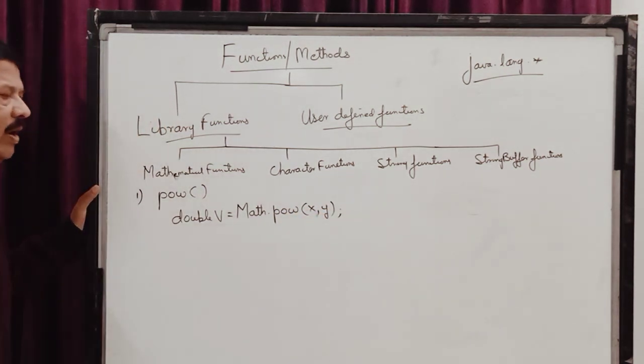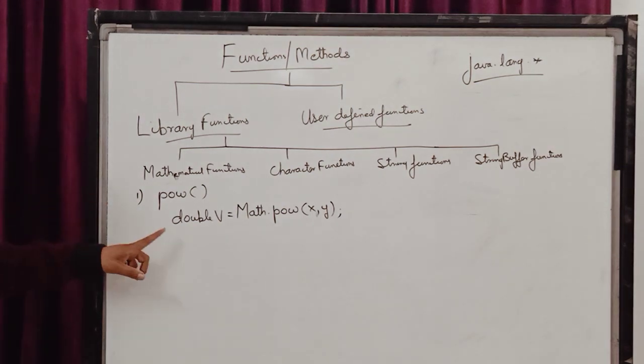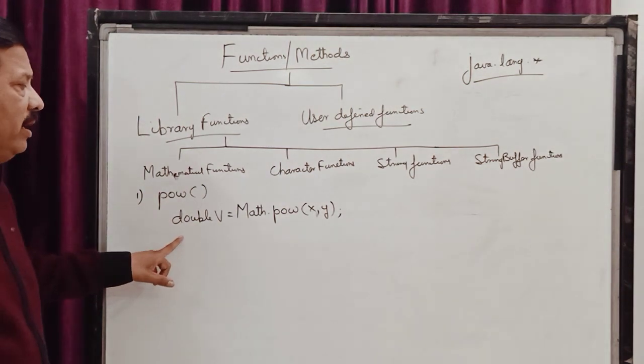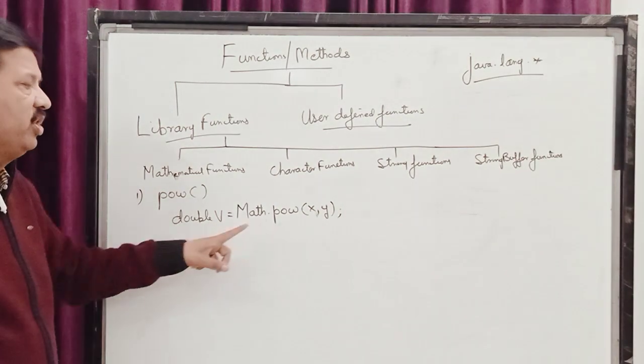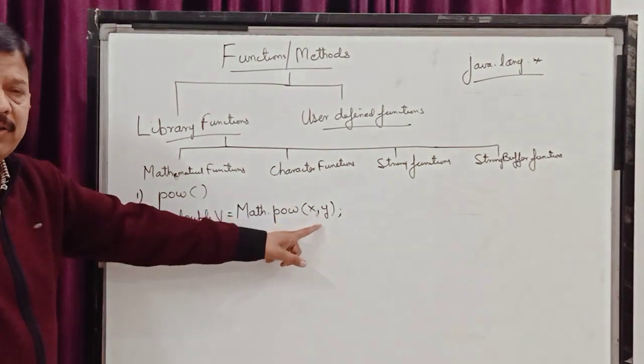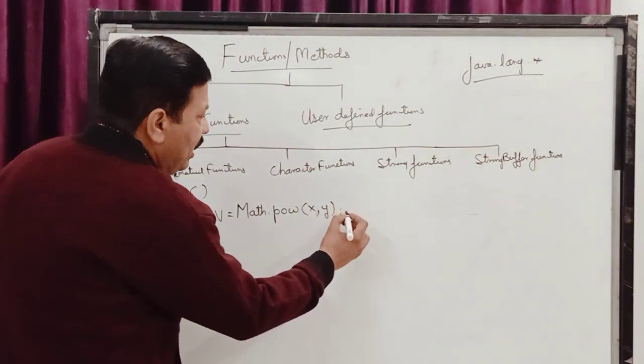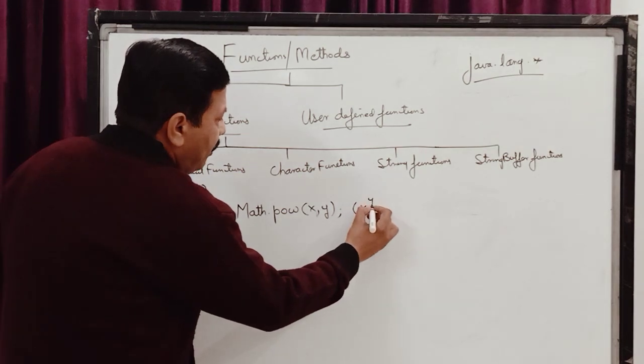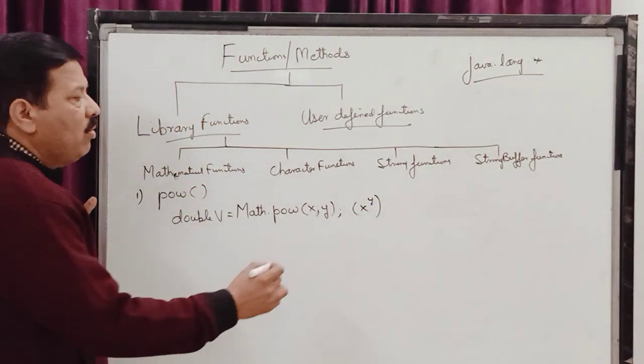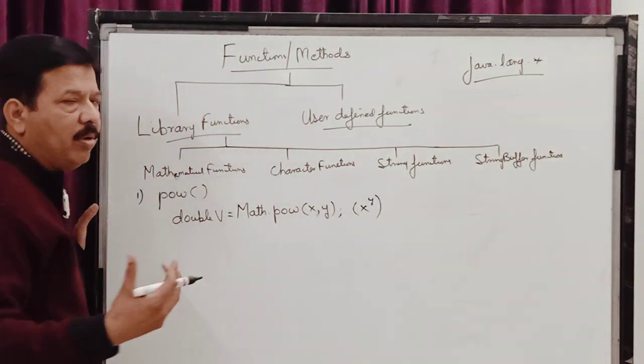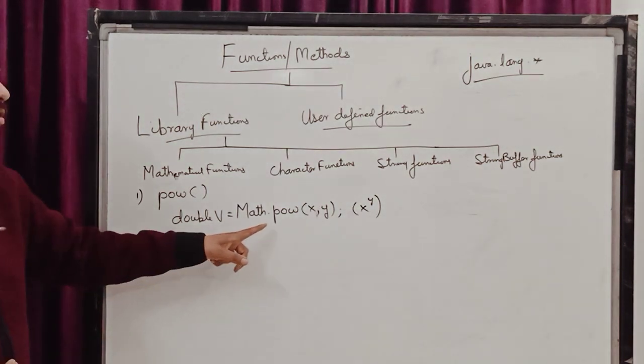So this is how we write this function. This function is going to calculate the value of x raised to the power of y. So if you want to calculate x raised to the power of y, then we use this Math.pow function.